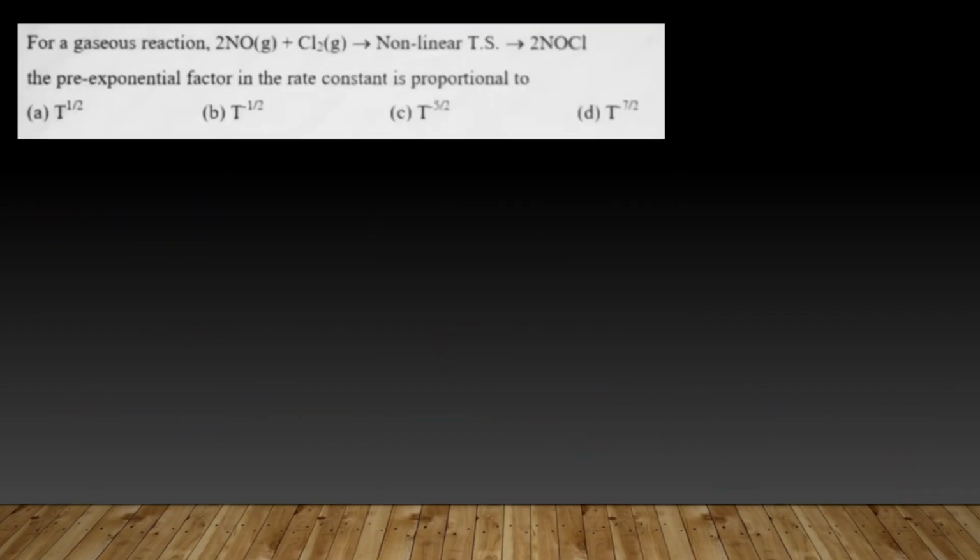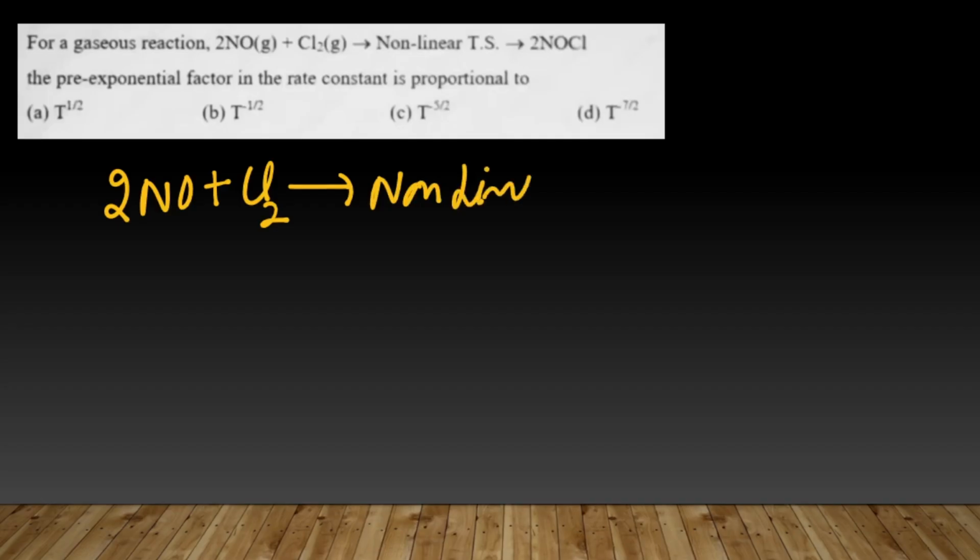It says that for a gaseous reaction, which is 2NO plus Cl2, giving you the non-linear transition state and then the final product. So we have 2NO plus Cl2, giving the non-linear transition state. The pre-exponential factor for this rate constant is proportional to what?